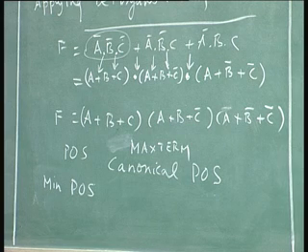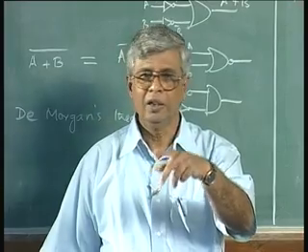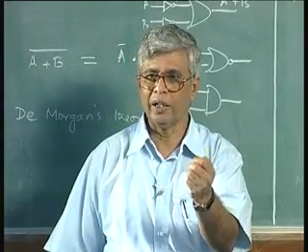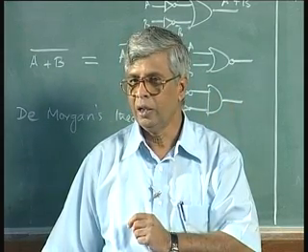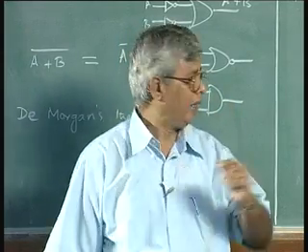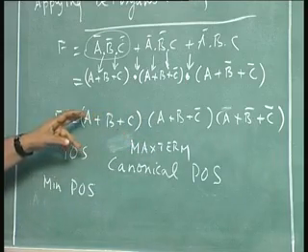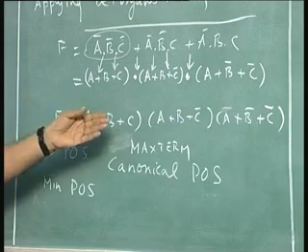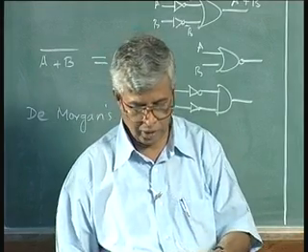Or, given a truth table, I can start with max terms, write a canonical product of sums expression for the output and reduce it further to get a minimum product of sums. If you do that by multiplying this and applying Boolean algebra repeatedly, you will get that expression. I will give you the result.